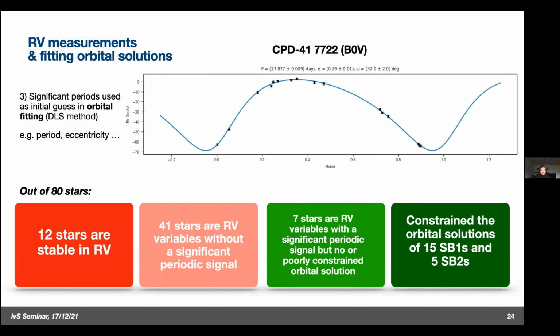We have 7 of these, and we call them binary candidates. We constrain the orbital solutions successfully for 15 single-line spectroscopic binaries and 5 double-line spectroscopic binaries, and we call these binaries. So we have categorized our sample into binary candidates, binaries, and single stars.